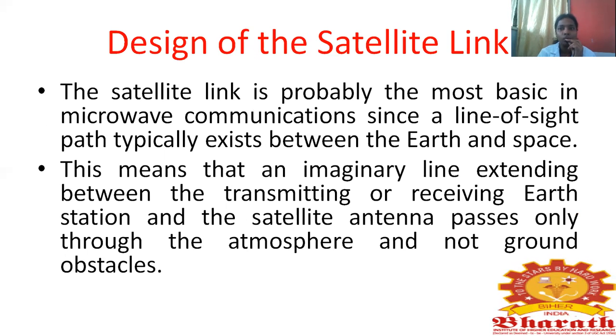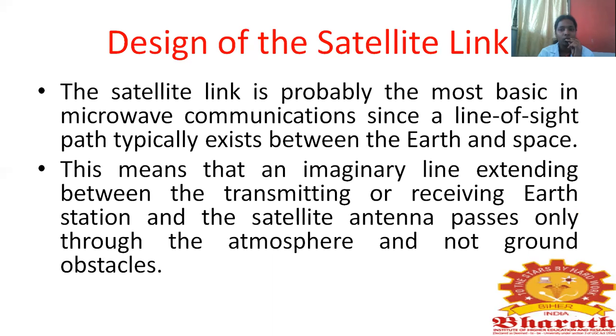Now we will go for the design of the satellite link. The satellite link is basically where you send microwaves from the Earth to space. That is established by the use of the Earth station.